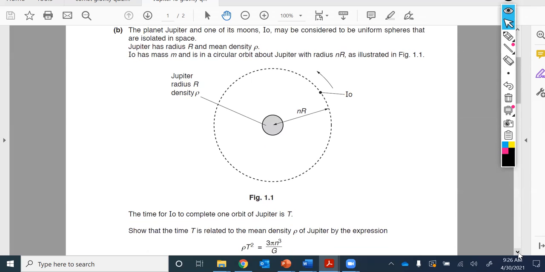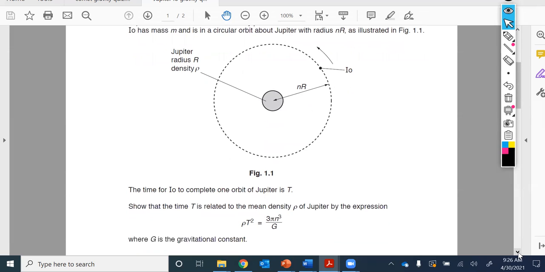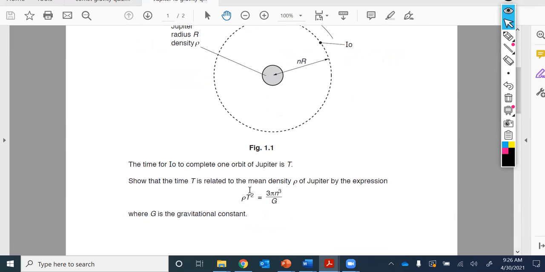The time for Io to complete one orbit of Jupiter is T. Show that the time T is related to the mean density rho of Jupiter by the expression. So the time it takes Io to orbit is related to the density of Jupiter.